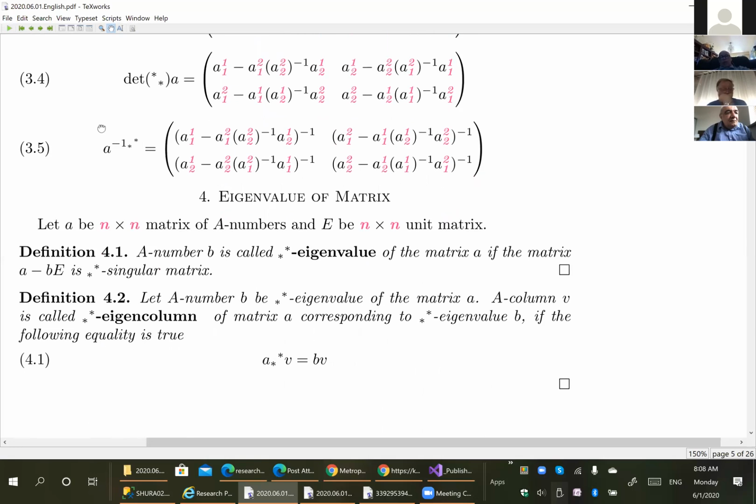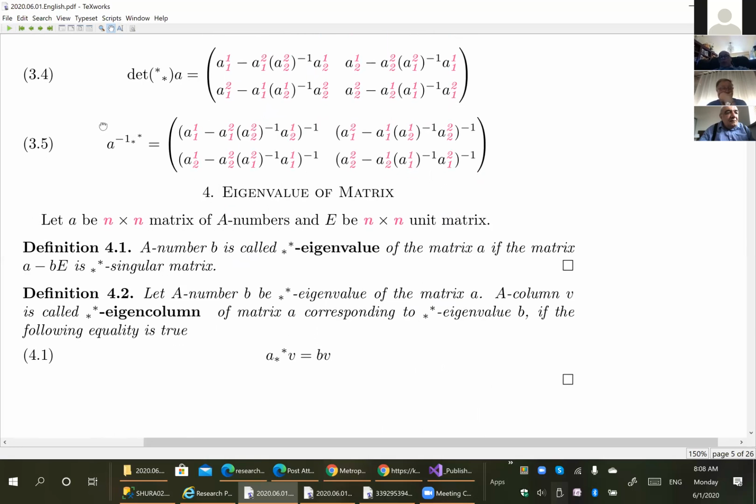Because I have two different types of products, I have, appropriately, two different types of eigenvalues. So I use the row column eigenvalue if a matrix of this type, A minus BE, is a row column singular matrix.